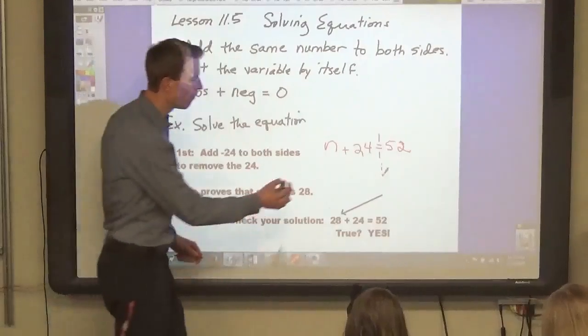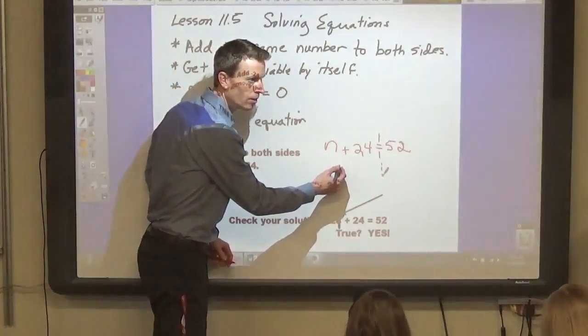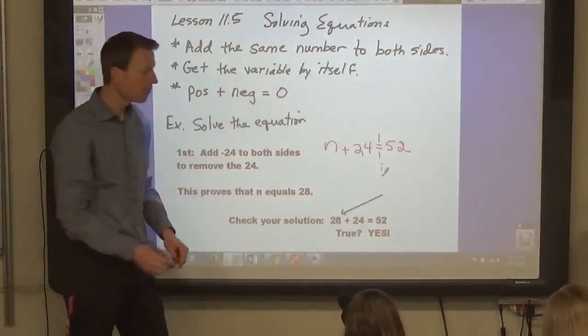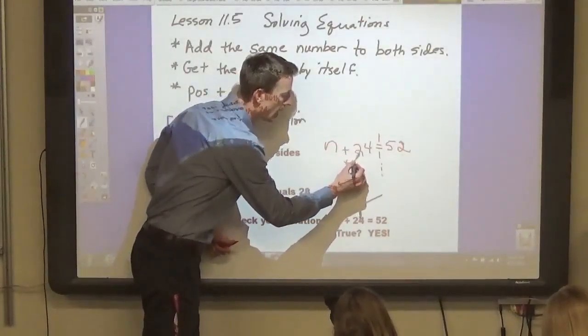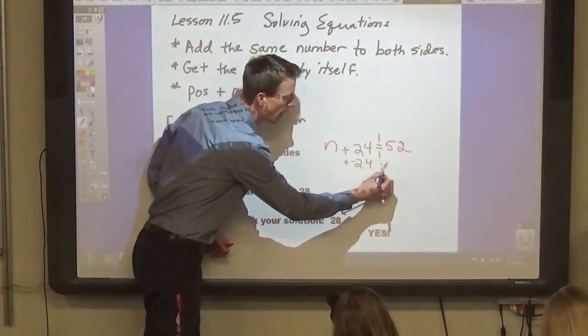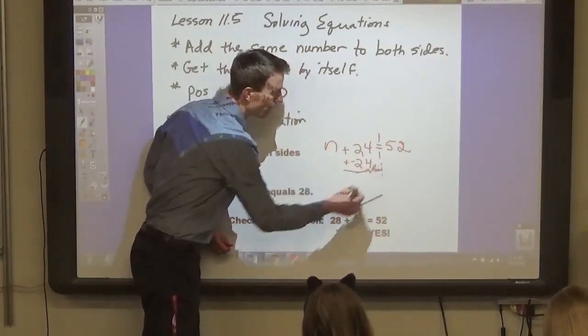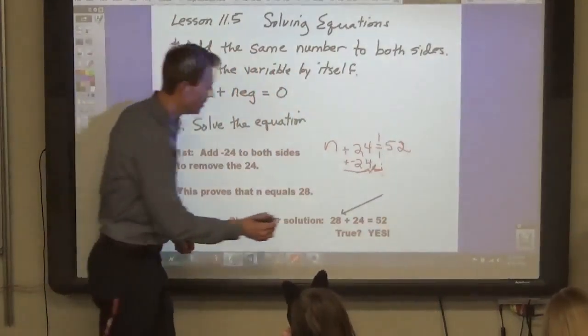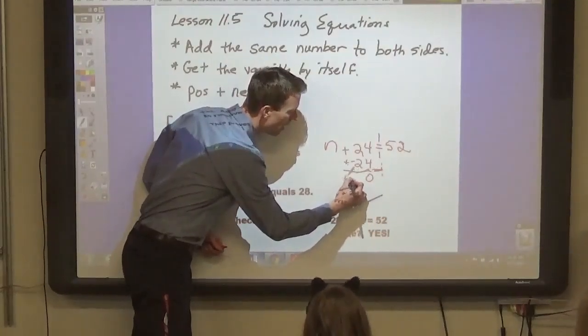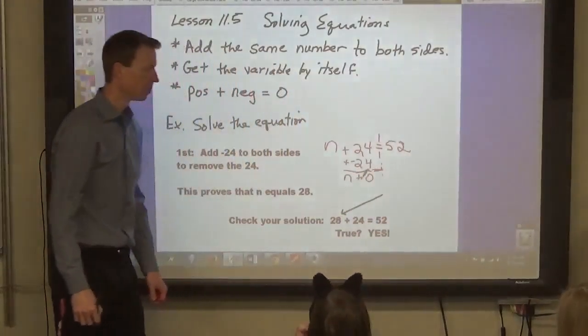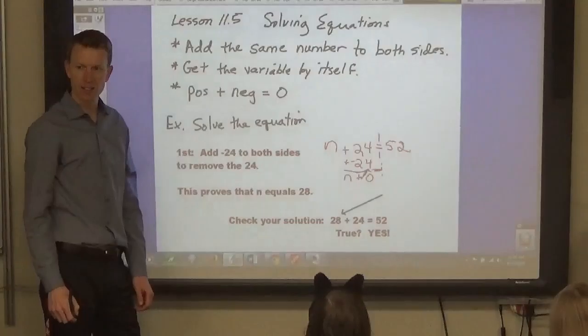We have to get rid of it. We have to add its opposite. We have to add negative 24. What's 24 plus negative 24? 0. So n plus 0 is on the left side.